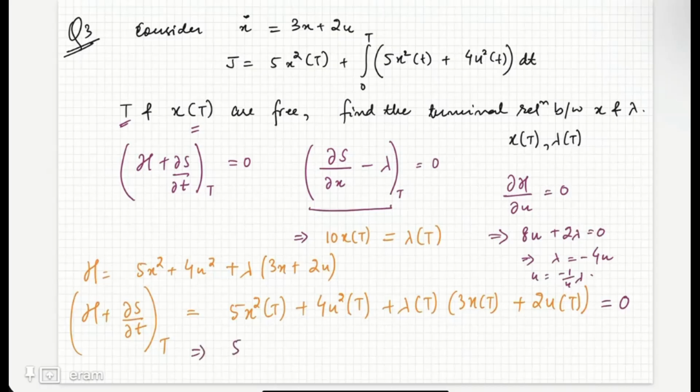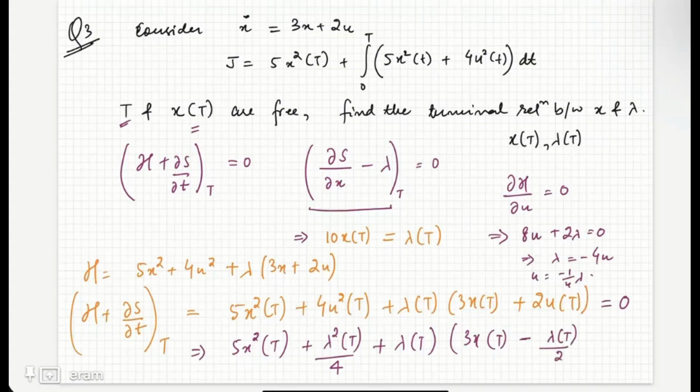If we replace that over here, u square is lambda square by 16, that is lambda square by 4, plus 3xt, and this is 2ut, so 2ut means minus lambda t by 2, equals 0.